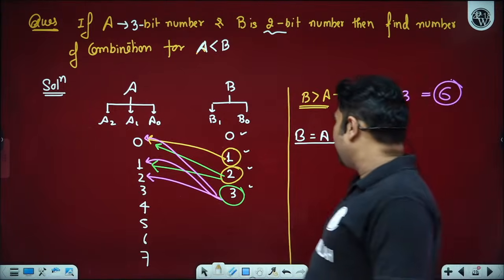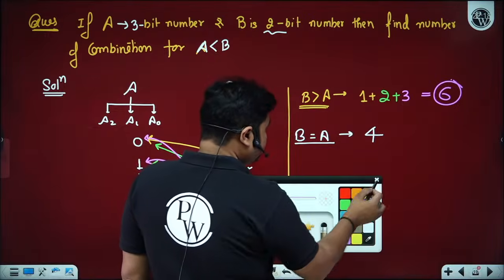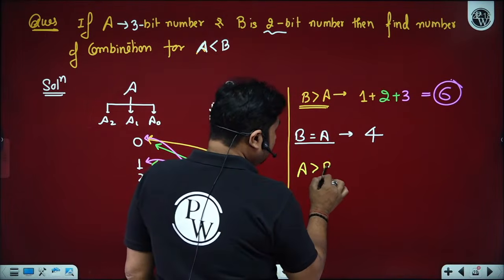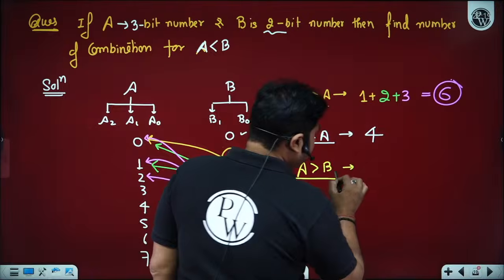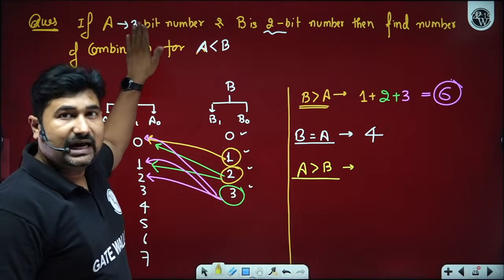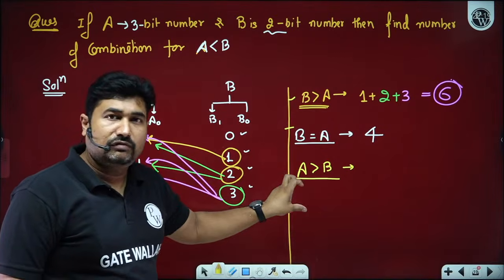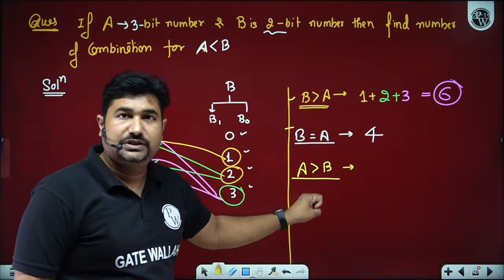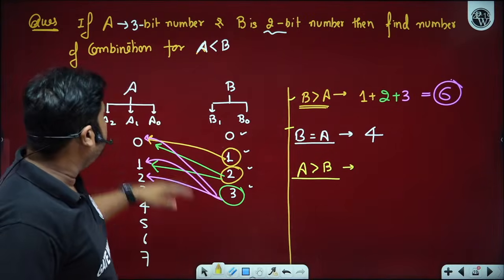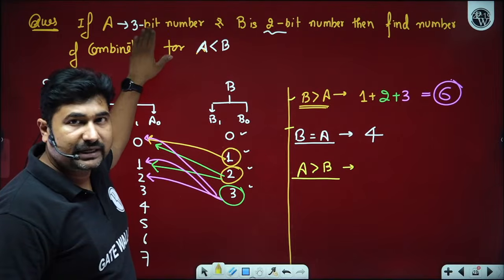Is it okay? So how many possible combinations? 4. In the same way, if we talk about A greater than B, how many possible combinations? Sir, whenever we have the A higher number, we always go with the B and equal. Then the total number of combinations minus the addition of these two will be the answer. So how many possible combinations for 3-bit? Sir, 8 combinations, from binary of 0 to binary of 7.